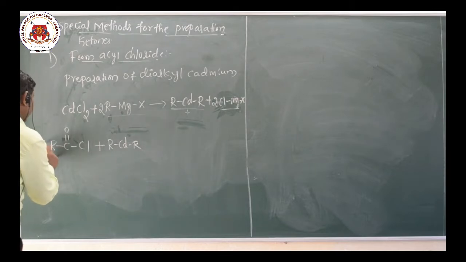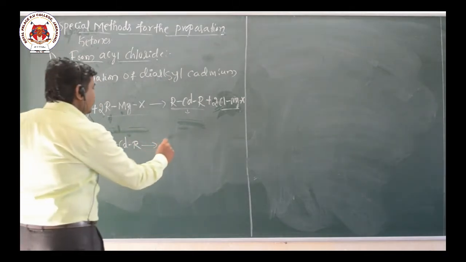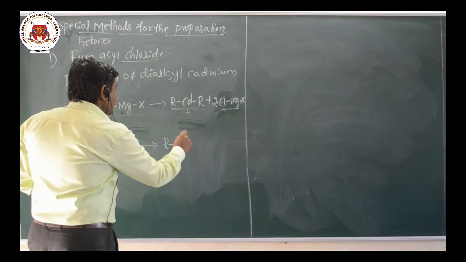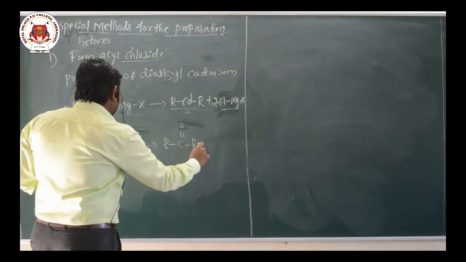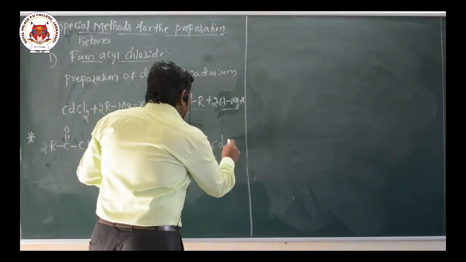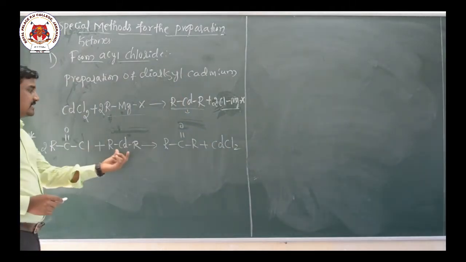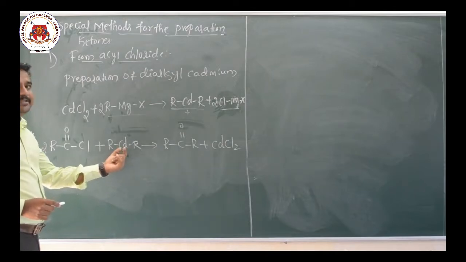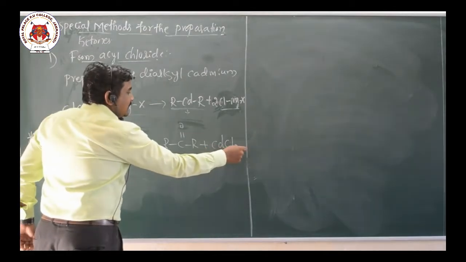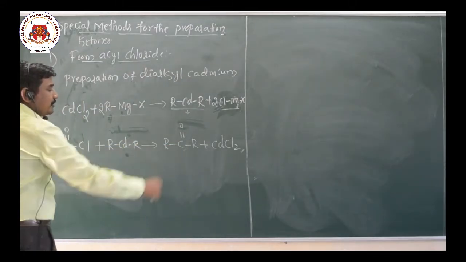For that you have to take 2 moles of acyl chloride. The ketone formed is RCOR. With the loss of cadmium chloride, CdCl2. Two Cl's are there, and on this side we have one cadmium, hence the loss of CdCl2, cadmium chloride, and formation of ketone.